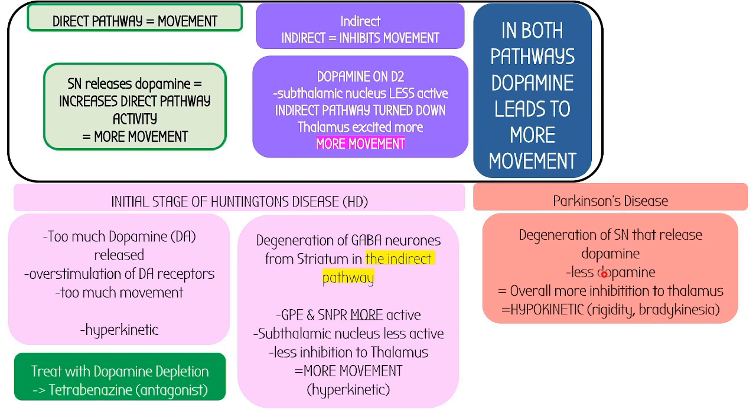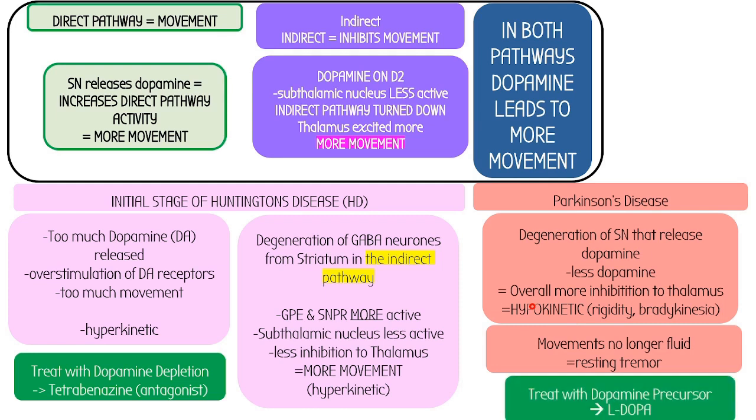Your thalamus is going to become more inhibited. Remember, the thalamus excites movement, so without dopamine your thalamus becomes more inhibited, leading to hypokinetic disease. This causes rigidity and bradykinesia. It also affects the fluidity of movements, so you get something called a resting tremor in Parkinson's, also called a pill-rolling tremor. Again, there'll be a video on Parkinson's, but this is to introduce you.